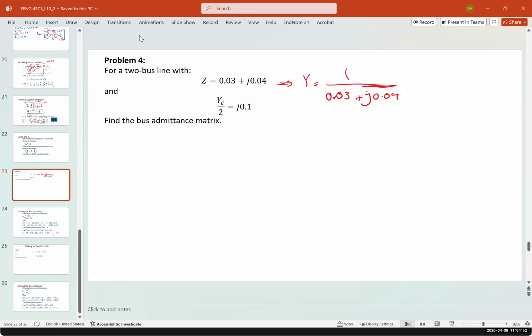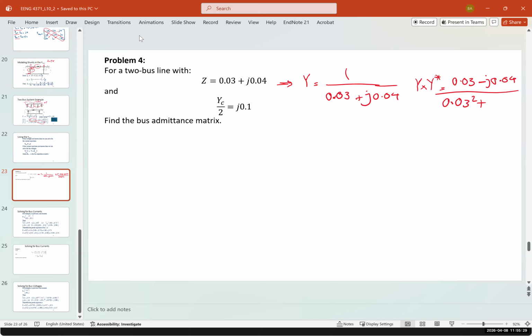Now to solve this, because I have imaginary numbers in the denominator, I can multiply it by its conjugate. So if I multiply Y times Y conjugate, what I get is 0.03 minus j0.04 divided by 0.03 squared plus j times j, which is negative 1.